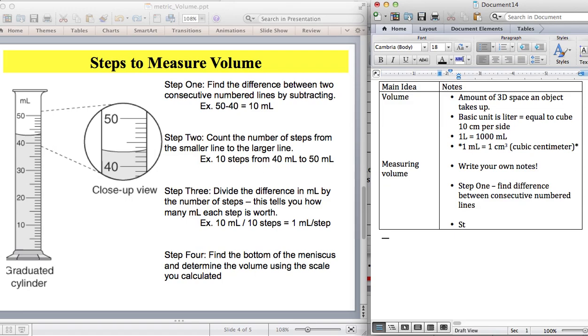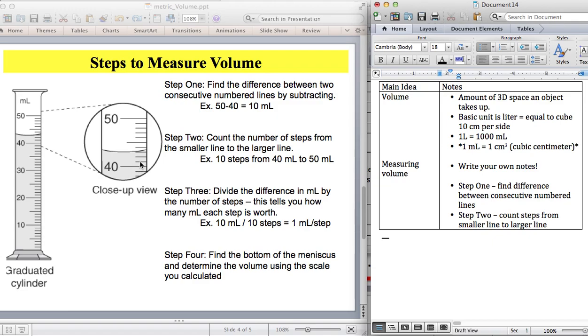Step 2, I'm going to count how many steps to go from the smaller line to the larger line. So to go from 40 to 50, how many steps is it? I don't count 40 as 1, because I haven't taken a step yet.